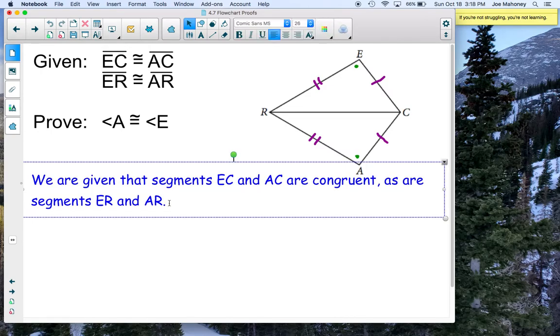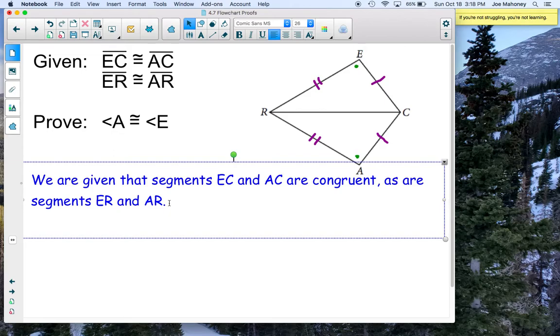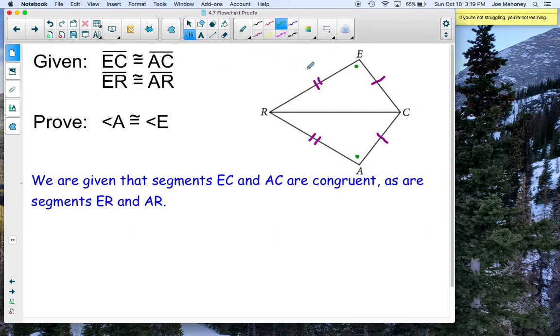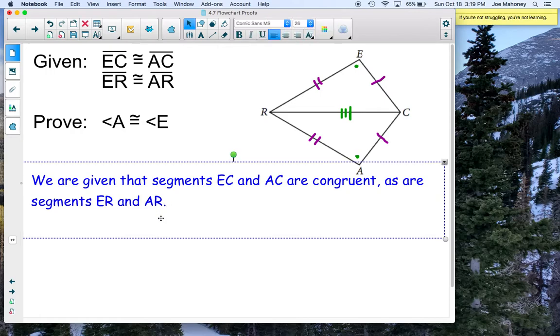Now, let's keep going. What statement would we say next? Hey, if you saw that shared side, if you saw that this side here, CR, was in both triangles, it's a shared side, so it's congruent to itself, that's great.